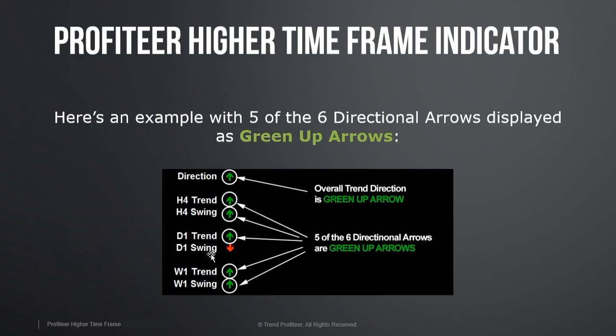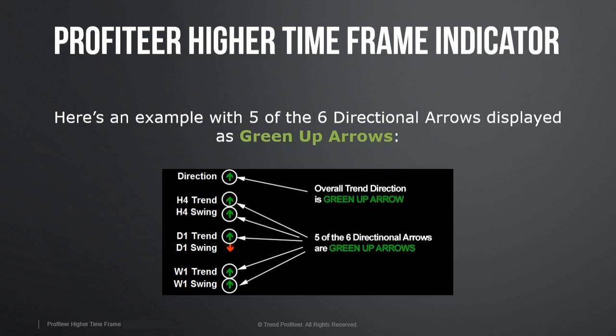Now, it doesn't matter which of these arrows are pointing up and which are pointing down. The only thing that matters is that 4 or more are pointing in the one direction. Now, if you get to 6 arrows pointing in the one direction, that's good. It's showing strength in the market in that particular direction.